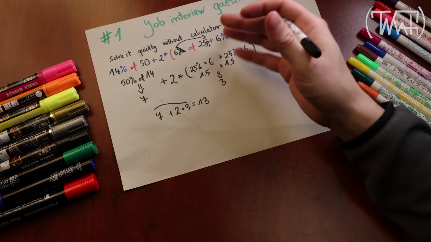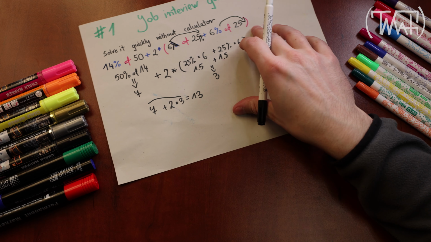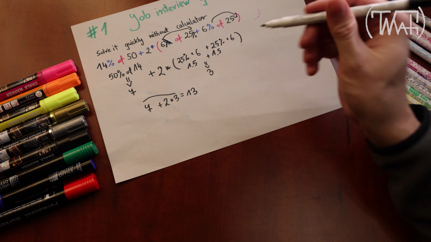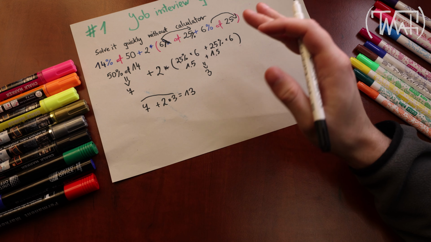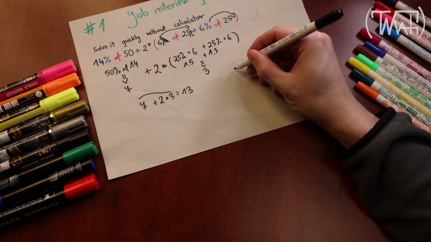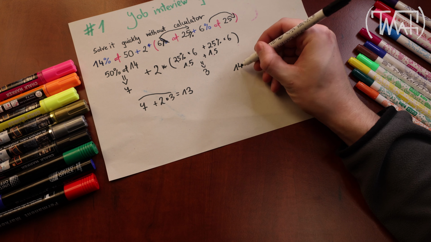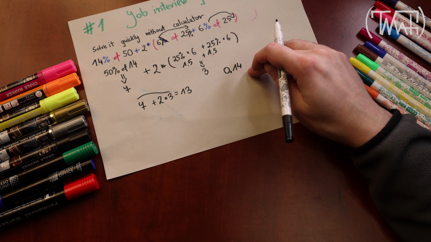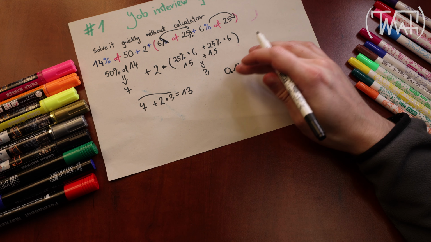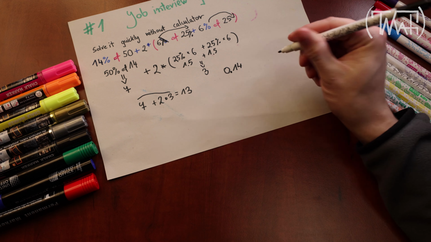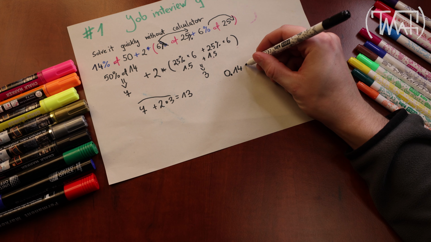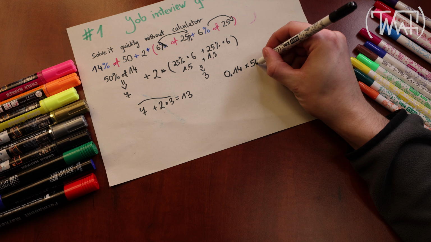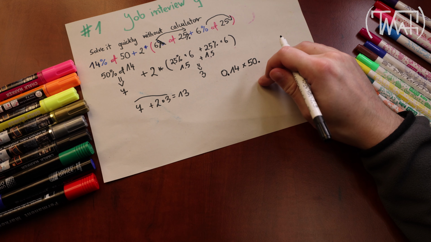Okay, now why is it so? Like you may wonder why is it kind of magic? Okay, let's have a look at how those numbers look if we're presenting them in a kind of computer way, maybe. So it's like 14%. It's something like this, right? 0.14. And if you multiply it by 50, it will be 50 dot.